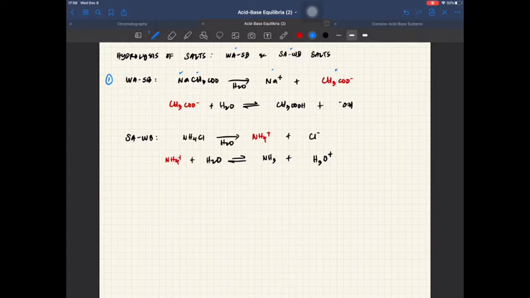But the acetate ion undergoes further reaction, this one. Acetate ion reacts with water in a process called hydrolysis to produce acetic acid, and the excess hydroxide is the reason why salts of weak acids and strong bases produce basic solution.